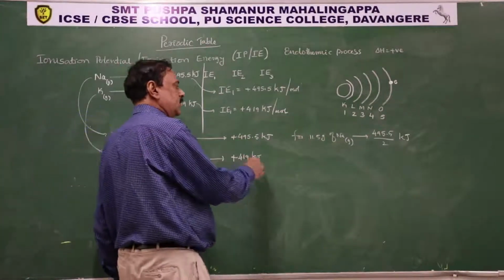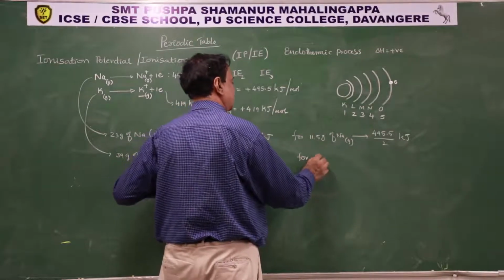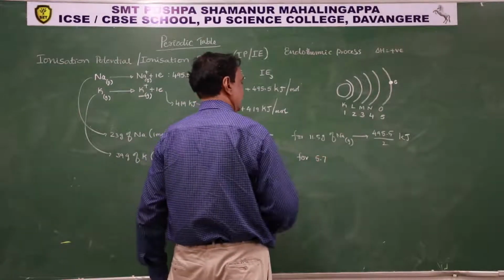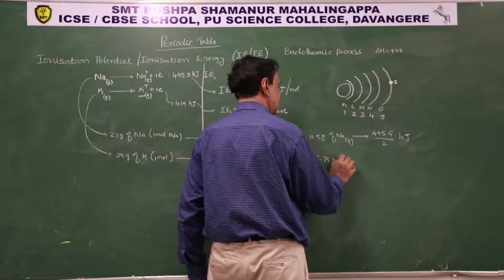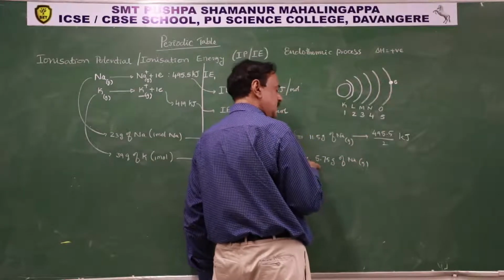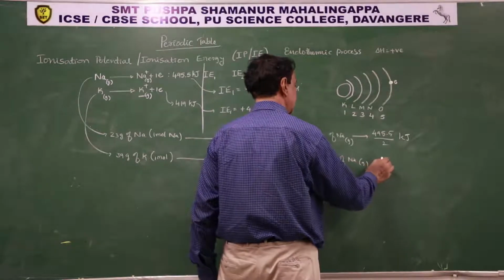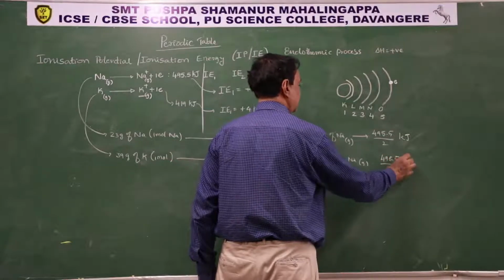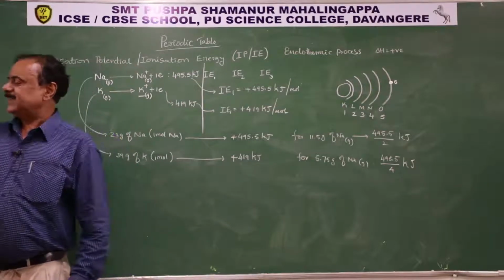If it is 5.75 gram of sodium, then with respect to 23, it is equal to a quarter, therefore that is equal to 495.5 divided by 4 kilojoules of energy.